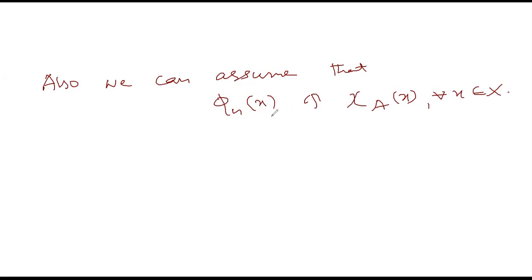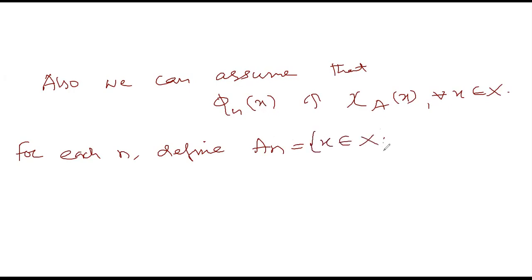Now for each n, let's define the set A n, which is equal to the set of x belonging to X such that phi n of x is positive, where the value of the function is positive.